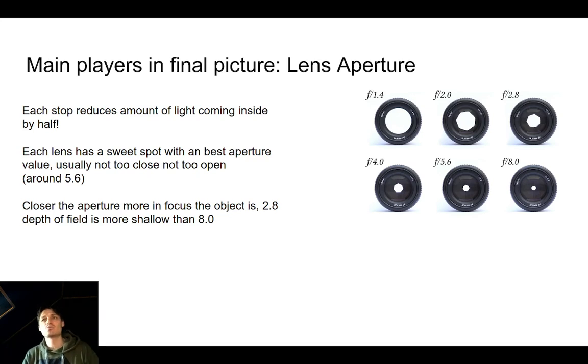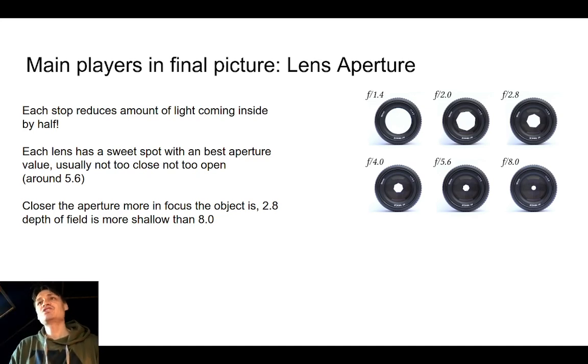Now let's talk about how the aperture will affect the light. First of all, we measure aperture with f-stops or t-stops. The f-stop and t-stop are almost the same, just the t-stop is a little bit less than the f-stop, because the t-stop tells how much light actually is coming to the sensor. The f-stop tells how much light is going through the aperture.